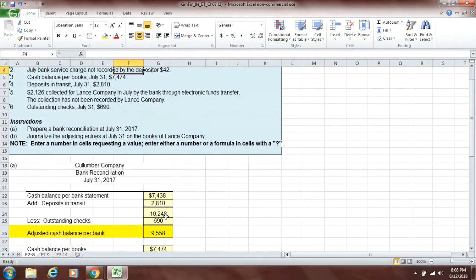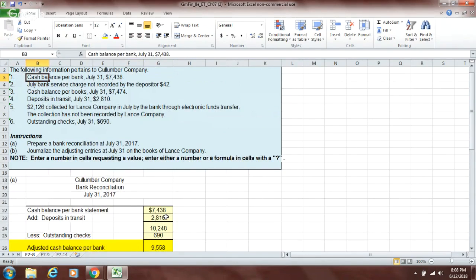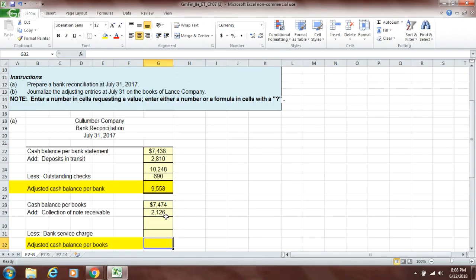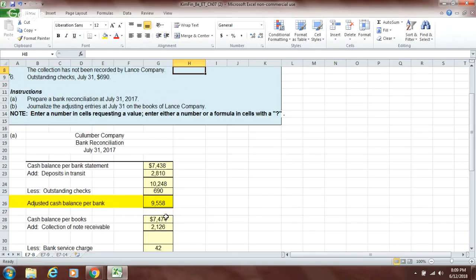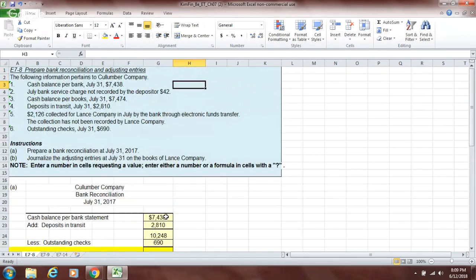So if we go through this, we have already put the cash, item number 1. Item number 2 is the bank service. The bank had charged us $42. This is for any papers or statements that they print for us, or whatever other charge the bank had charged us.